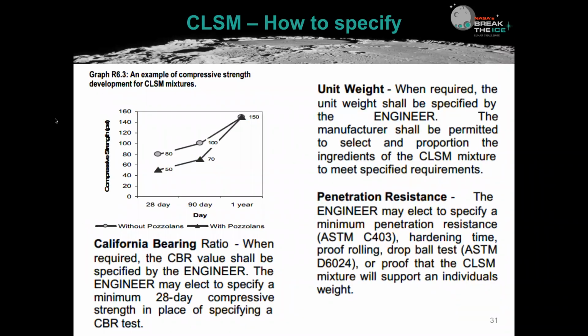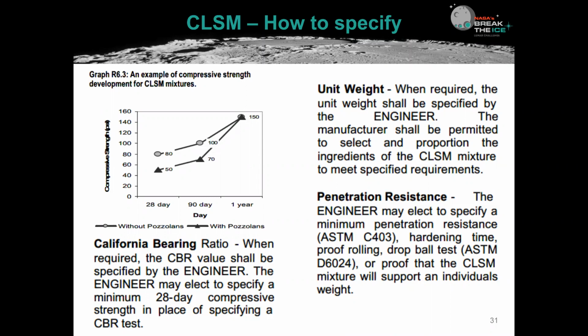I know for this challenge, we have focused on the unconfined compressive strength, but there are other ways people actually specify CLSM in the industry. It depends on what the application is. For example, for highway structures, sometimes they specify the California bearing ratio, CBR, which is a test to verify the penetration of this material compared to crushed rock, for example.